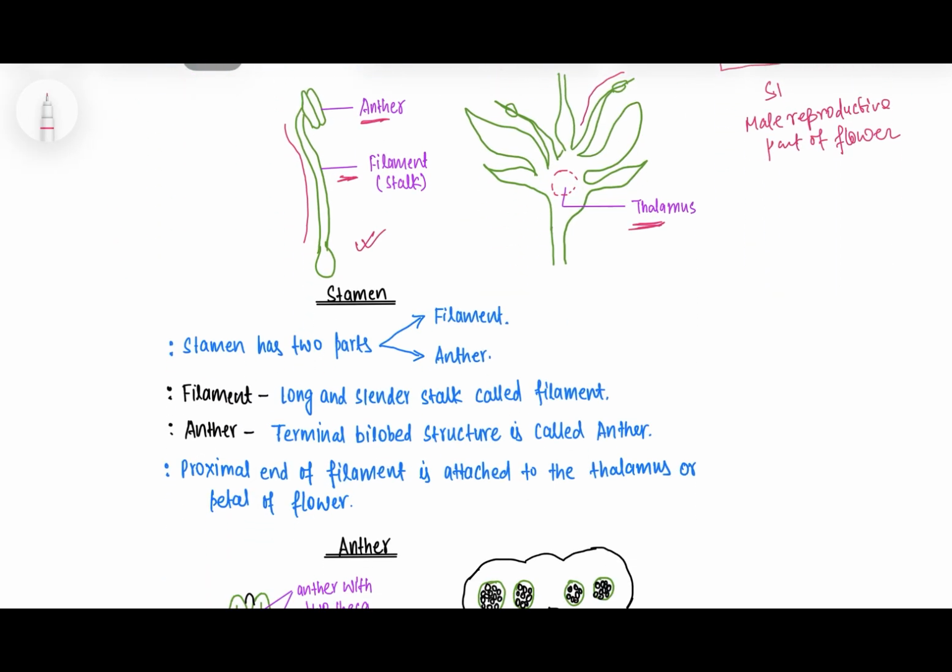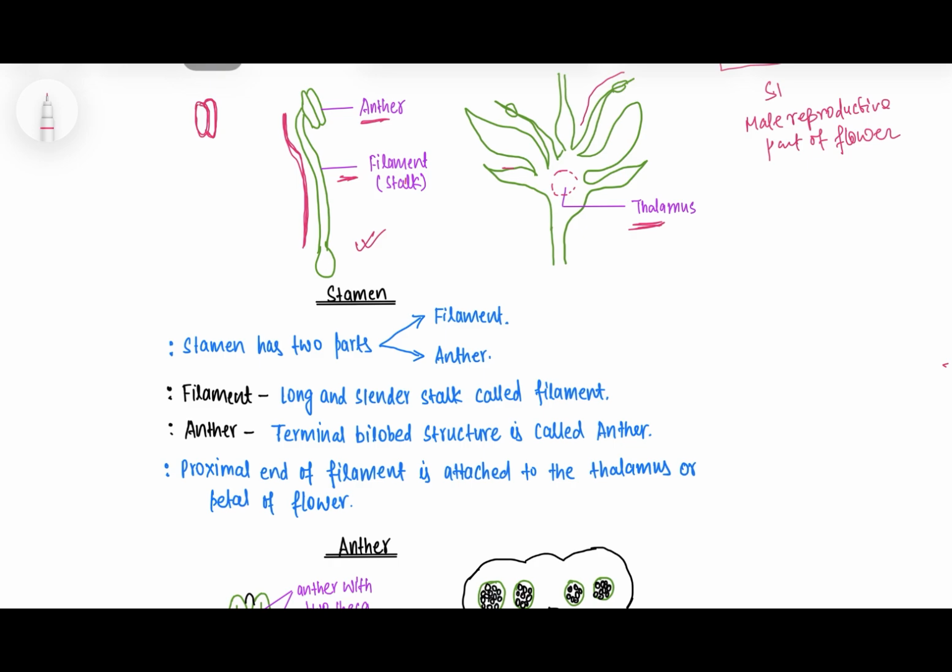So stamen filament is a long cylinder stalk-like structure. This is filament, and this is the terminal bilobed structure. On top of it, it has a terminal bilobed part. Bi means two, so two lobes are present.